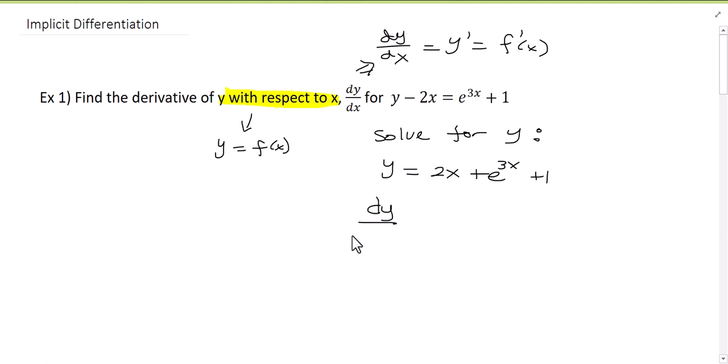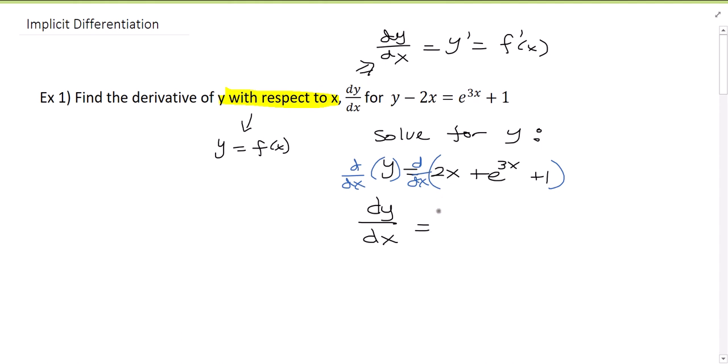So when I take the derivative, I get dy dx equals, and I take the derivative of this side, everything with respect to x, right? So essentially what I did is I'm taking the derivative with respect to x of both sides. And so here I get dy dx. On the other side, these are already functions of x, so I just take the derivative using my rules.